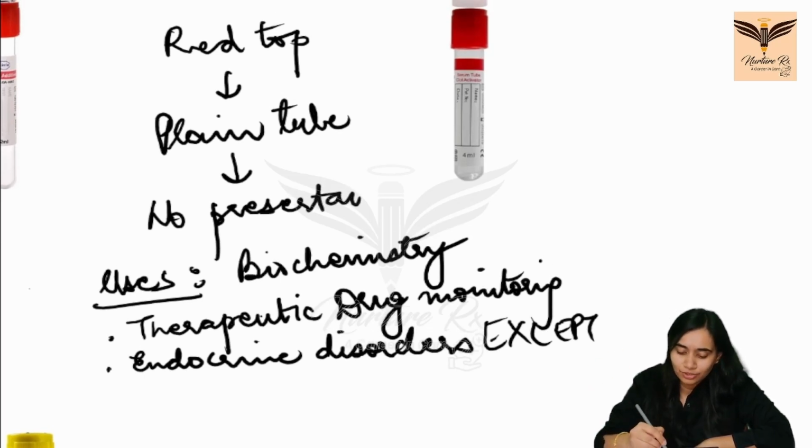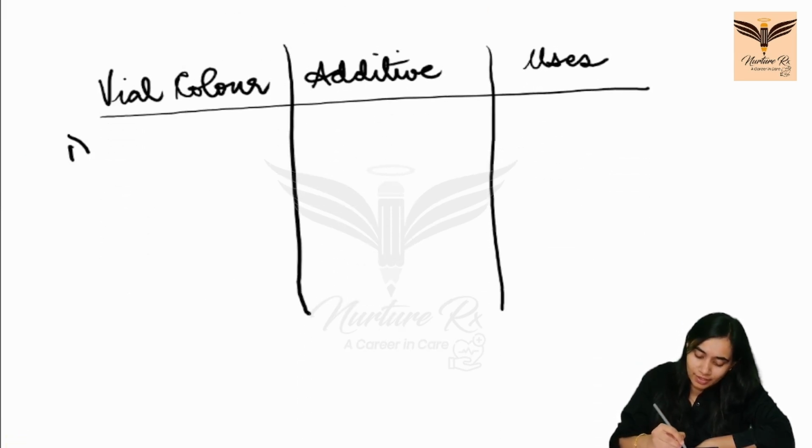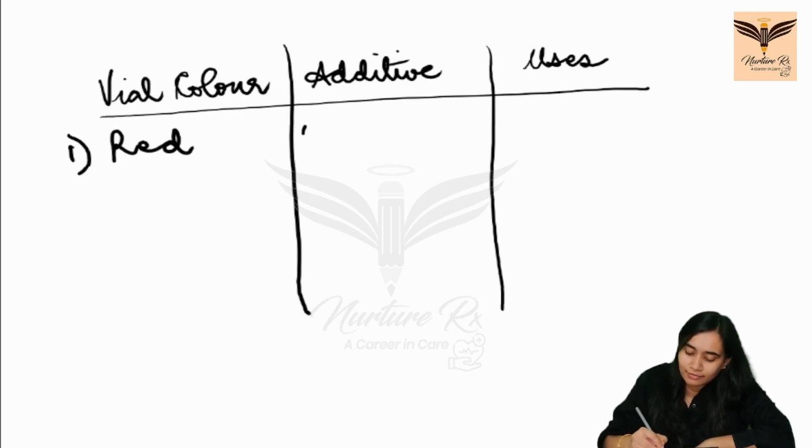Okay. So how do we summarize this? This is red top. We write the color. Additive, usually no additive.